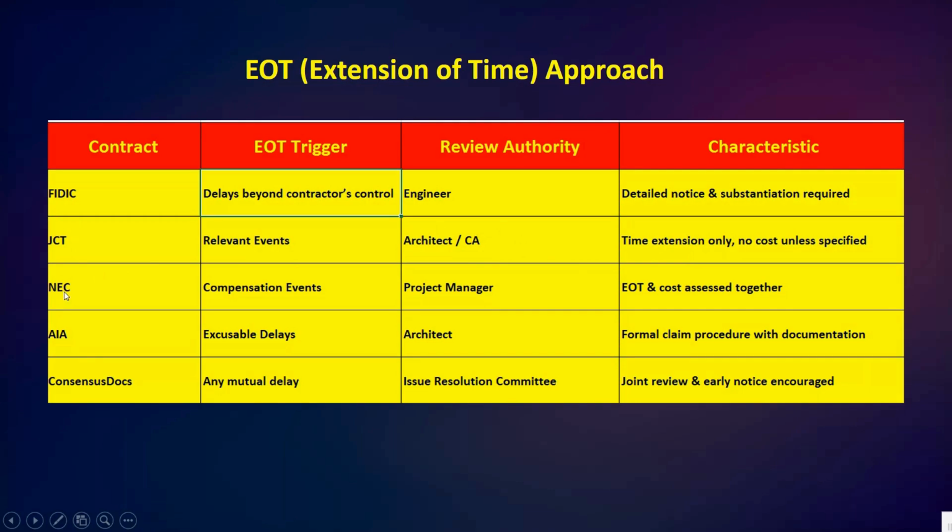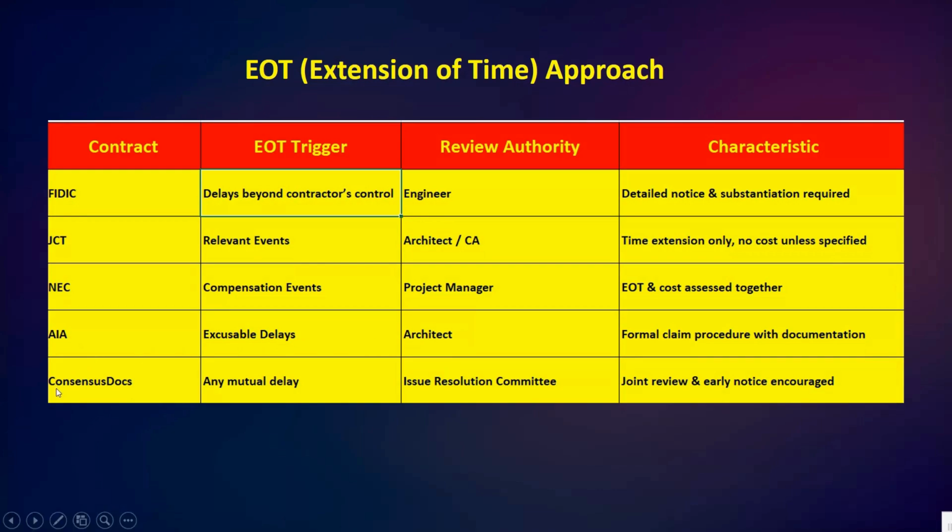Next we have NEC. In NEC, delays are treated as compensation events, and both time and cost are assessed together by the project manager. The review authority is the project manager. Next we have AIA. AIA handles excusable delays reviewed by the architect through a formal claim process with strong documentation requirements.